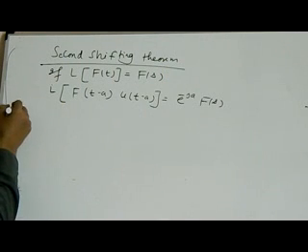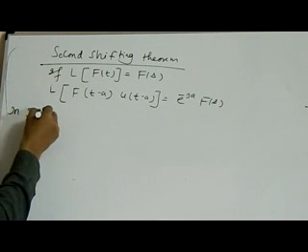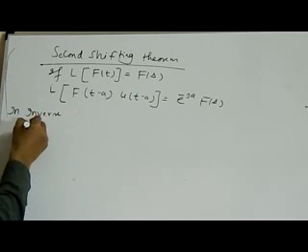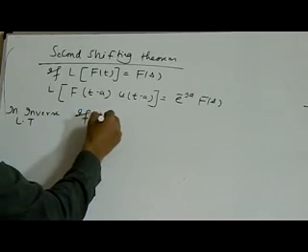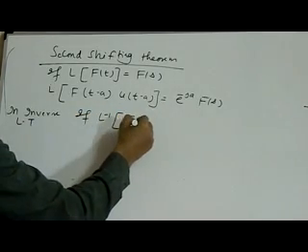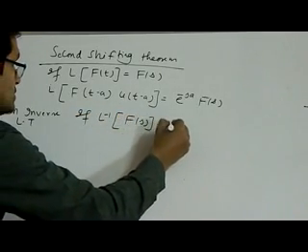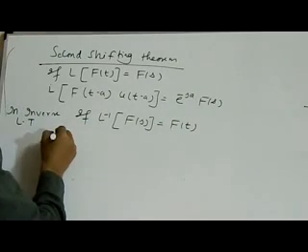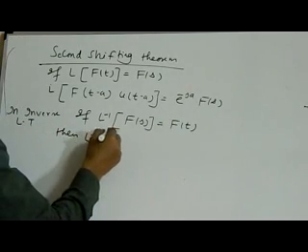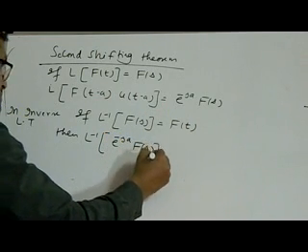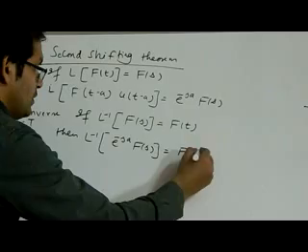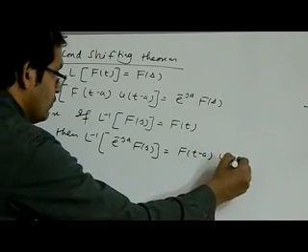In the inverse Laplace transformation, that is, if L inverse of F(s) is known to us, say it is f(t), then L inverse of e to the power minus sa into F(s) is simply f(t minus a) into u(t minus a).